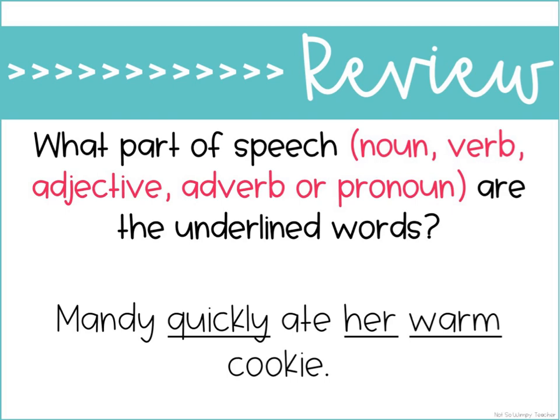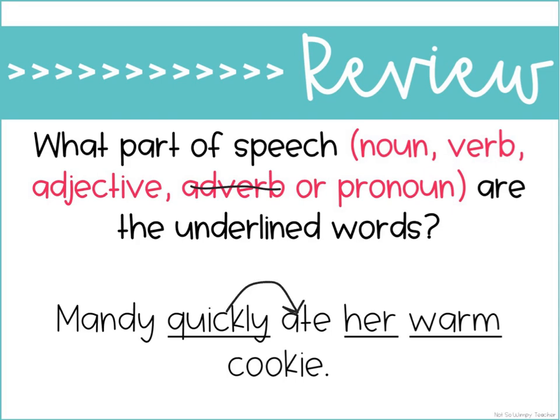All right, so what part of speech, again, noun, verb, adjective, adverb, or pronoun are the underlined words? Mandy quickly ate her warm cookie. How about quickly? Now, I gave you a hint when I described this earlier. I said they end in ly. Do you remember what that's called? Quickly? Right, adverb. So quickly is an adverb. She quickly ate.